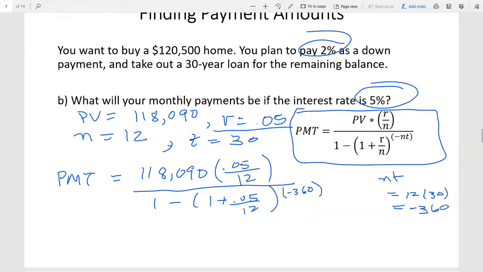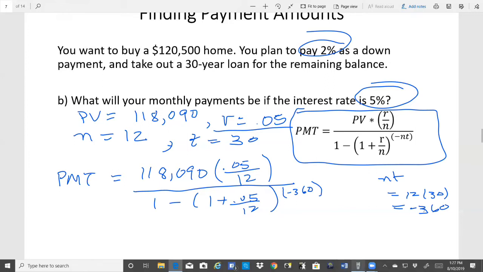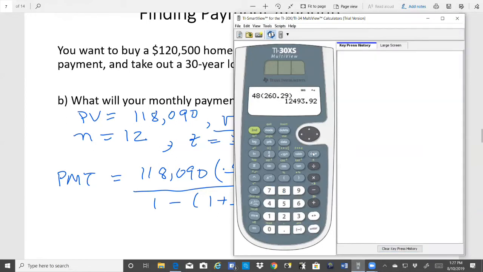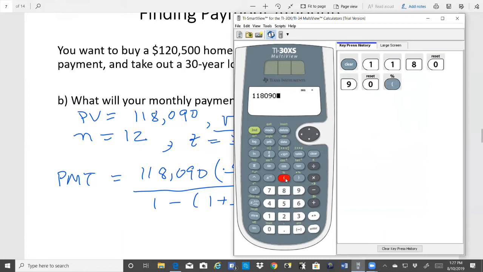Now we'll go ahead and put this in the calculator. By now you should be pretty familiar with how to do all of this. Let's clear the display and put in 118,090 times 0.05 divided by 12.